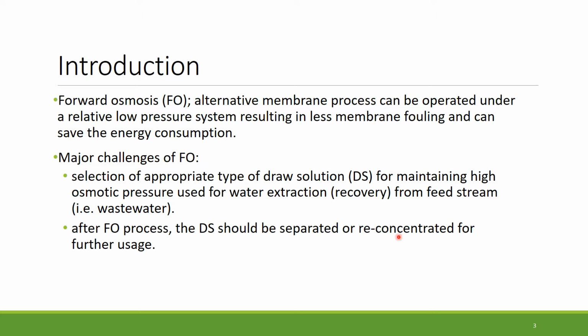So after the FO process, this draw solution should be properly separated, or concentrated, or simply regenerated. Then the process can be further repeated by using the same type of draw solution, right?